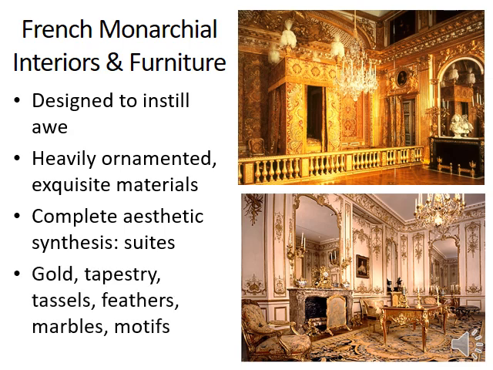The materials that we associate with French monarchical design include gold, gold gilding, solid gold objects, as well as gold-threaded textiles, heavy tapestries, lots of tassels and trims and borders to the textiles, feathers, and a wide variety of different marbles from all over the world. As we will see in the next slide, there were many very signature French monarchical motifs as well.